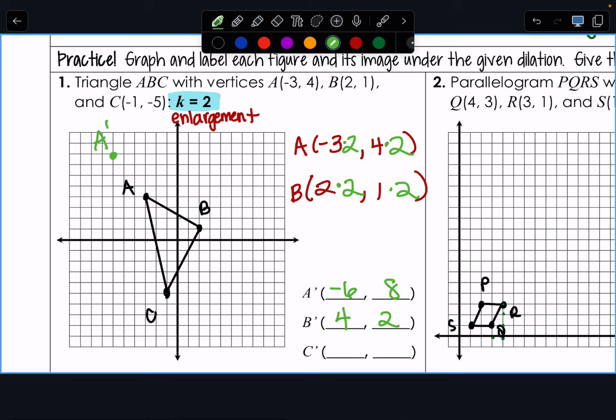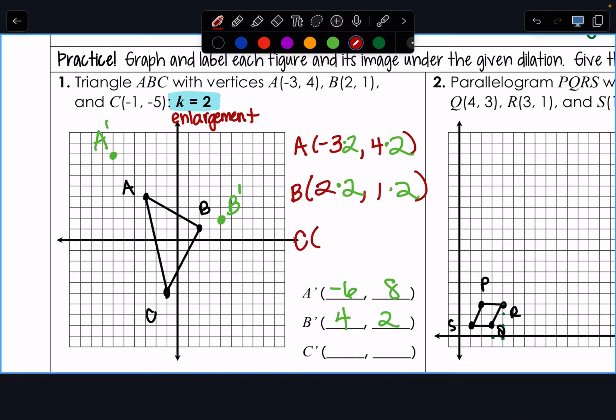Let's plot it together. We go over to 4 and up to 2, and I'm going to label it as my new B coordinate.